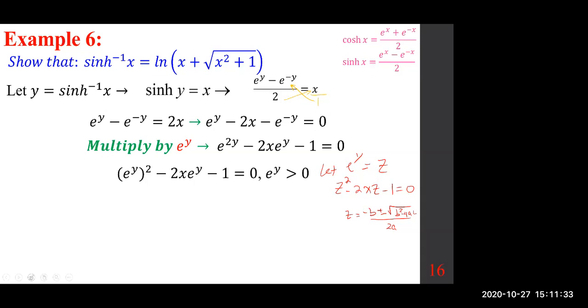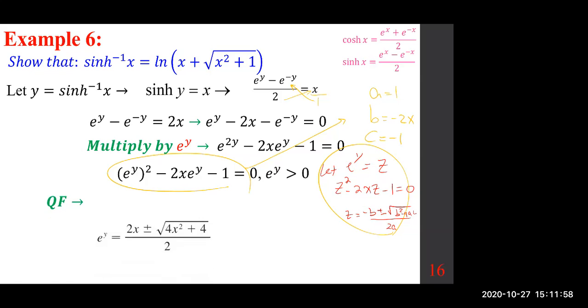So let's just use a different color. I hope everybody is comfortable with this or with this, it doesn't matter. Knowing that a equals 1, b equals minus 2x, and c equals negative 1, we put it into the quadratic formula.